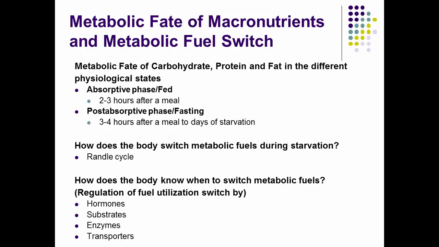For example, switching from using exogenous or dietary sources to the endogenous fuels, or switching from using carbohydrate to using fat as the energy fuel during starvation. And this regulation of the fuel switch is basically by a lot of hormones, substrates, enzymes, and transporters.